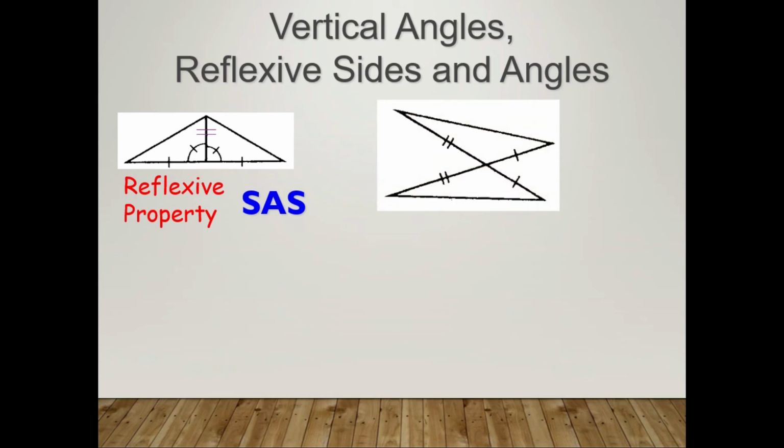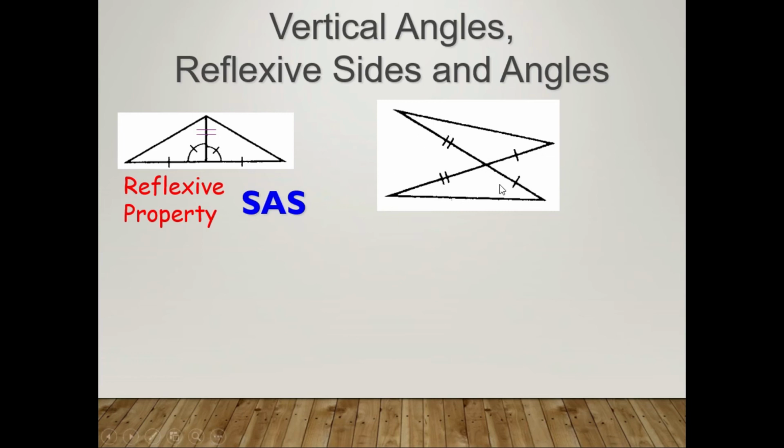Now for the next given, observe the markings. We have this side congruent to this side, and the other sides are also congruent. So ano yung last information that we need to prove that these two triangles are congruent, and what postulate can we use?